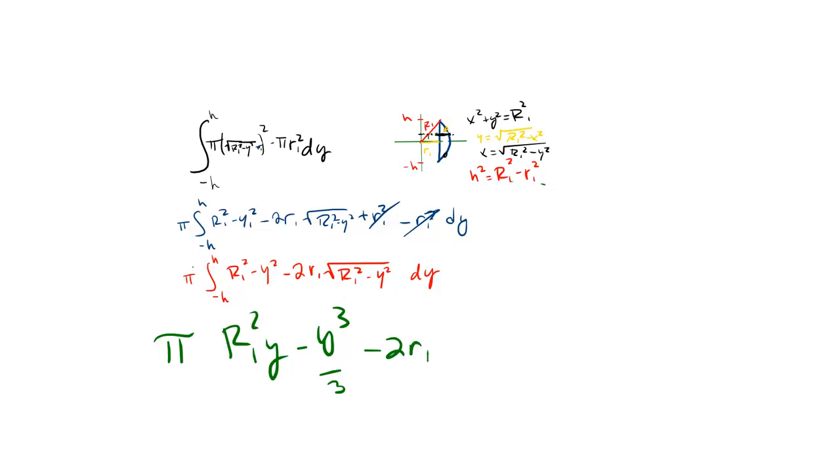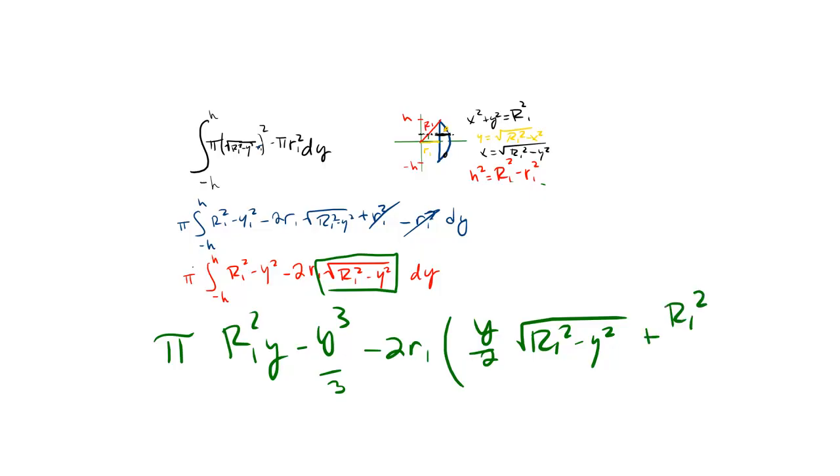I look at my table and I say, oh, something of this form, the square root of a constant squared minus my variable squared, would be the variable over 2, copy the thing down, plus the constant squared over 2, inverse sine of y over the value R1, and we'd plug in negative h to h.